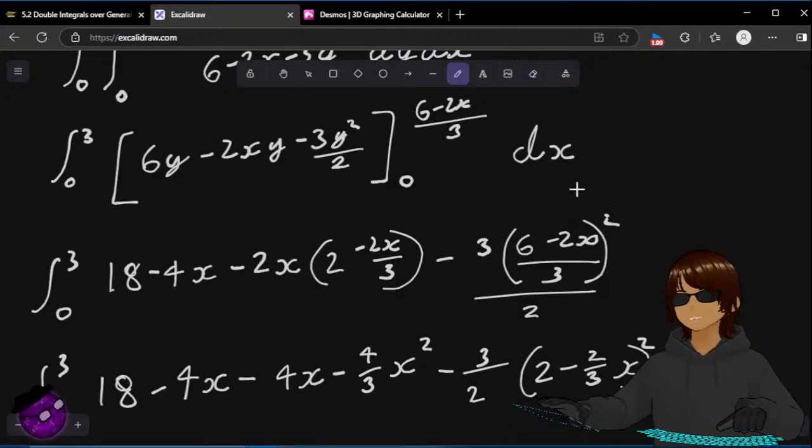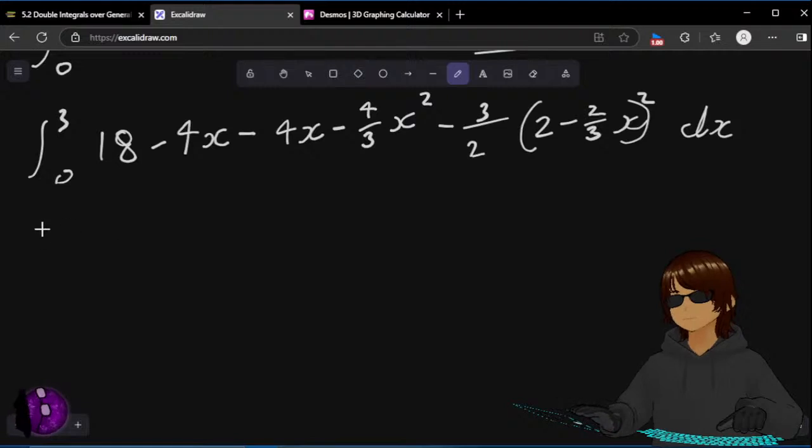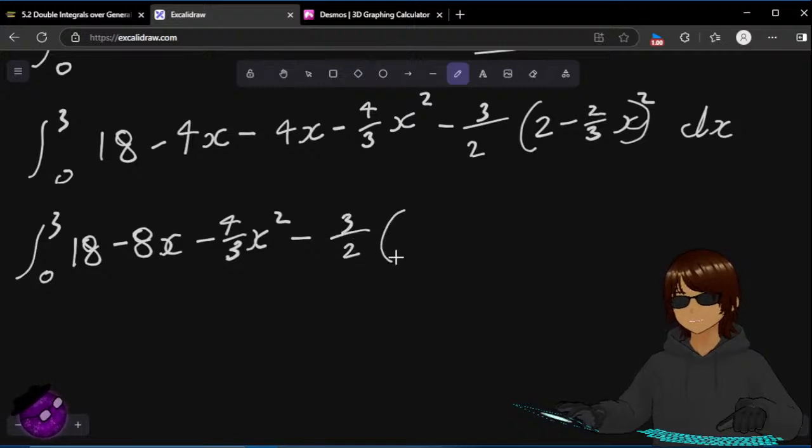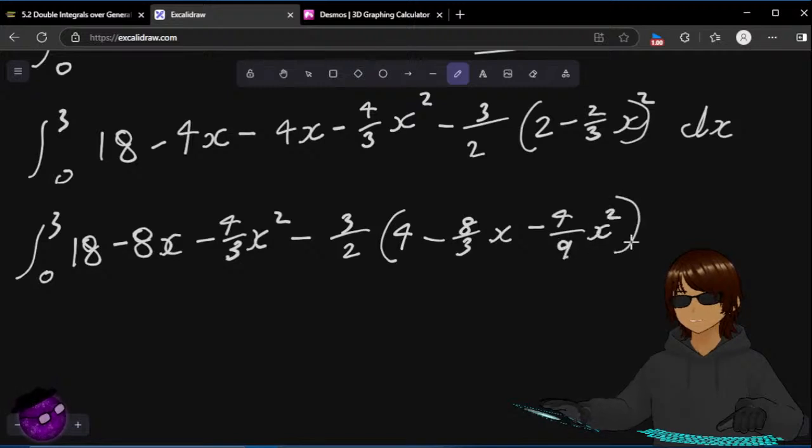Is there some simpler way to do this which I don't know about? Minus, we have 2 times 2 is 4, minus 4 over 3 x, but that appears twice, so 8 over 3 x, minus 4 over 9 x squared.